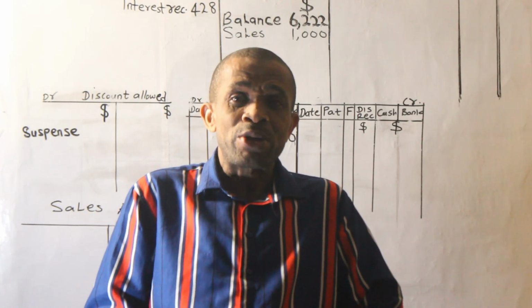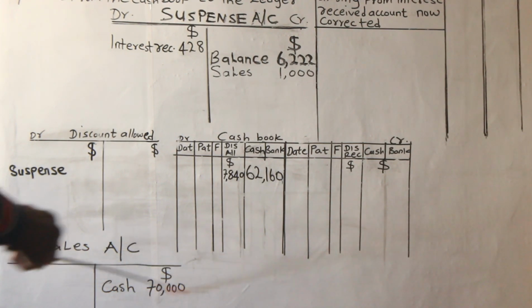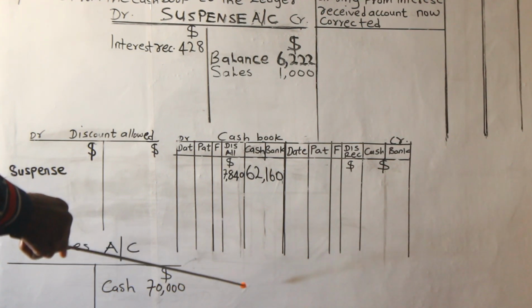Let's see this explanation on the board. Let's take for instance that the sales made in this transaction is sales of 70,000 by cash. Now, immediately sales is made, the total value of sales made will be credited to the sales account since the sales account is the giver. Sales made the money to come out, so sales is the giver.